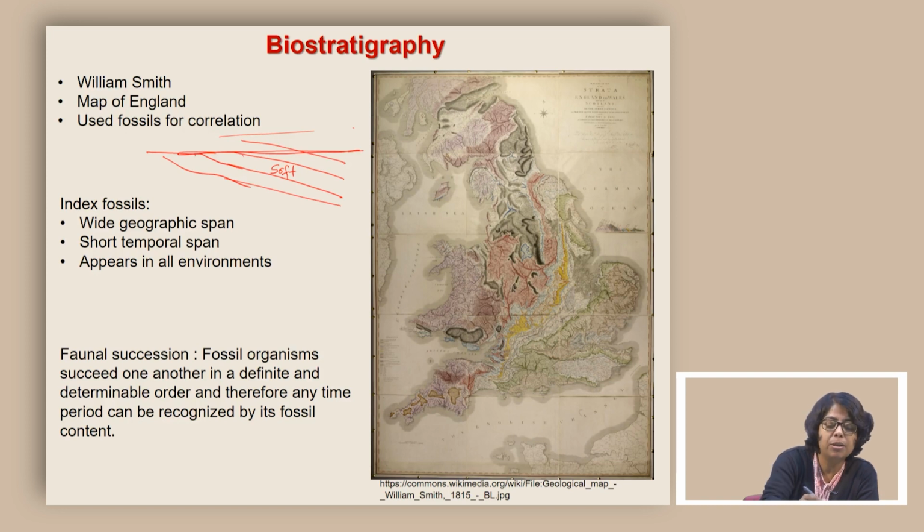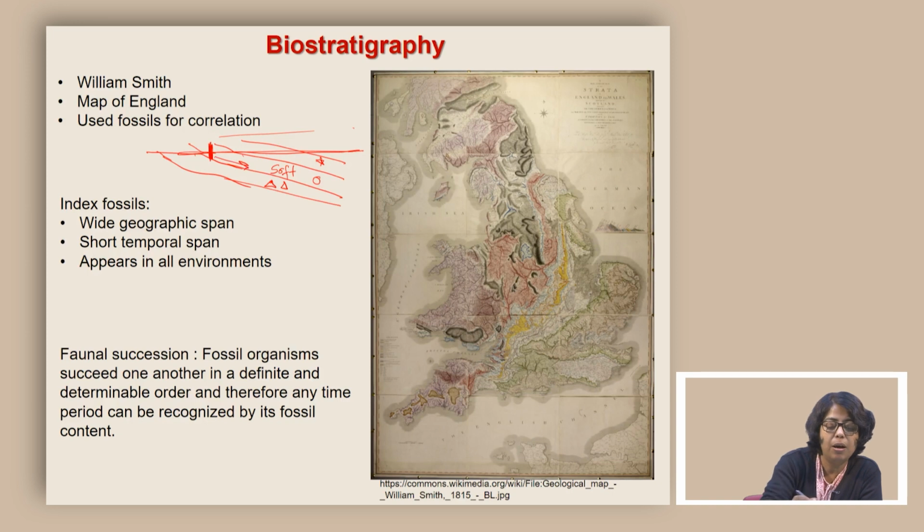And what William Smith did was he observed some fossils in every strata, and he could very well predict what the fossil assemblage is. And once he knew that, he could say that if this particular rock is exposed here, this is the soft rock, they can dig only up to a point, and they will encounter this soft rock, and then they can dig tunnels along this.